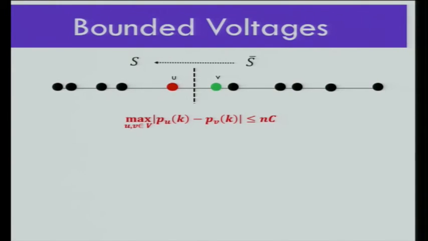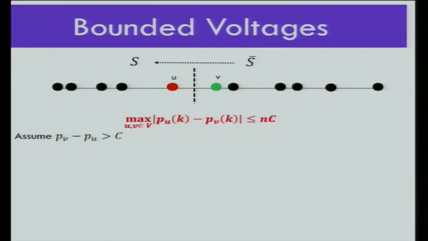What I will prove is that for every neighboring pair in this ordering, I can bound the potential difference by C. And that implies the claim, because the number of terms is at most n times.